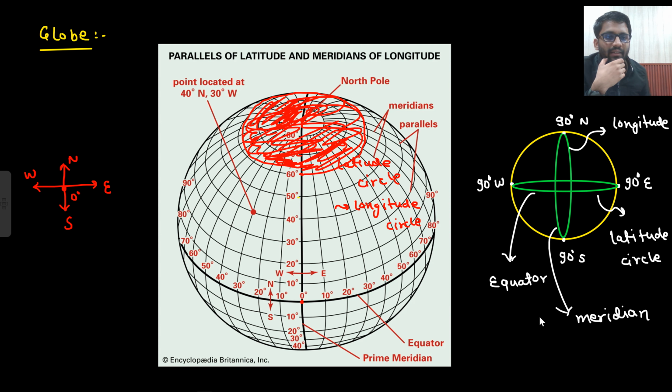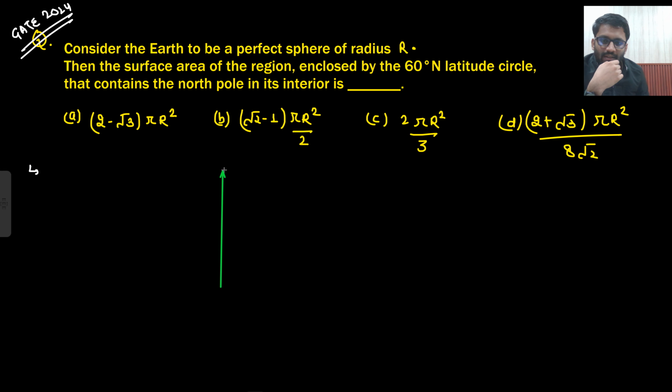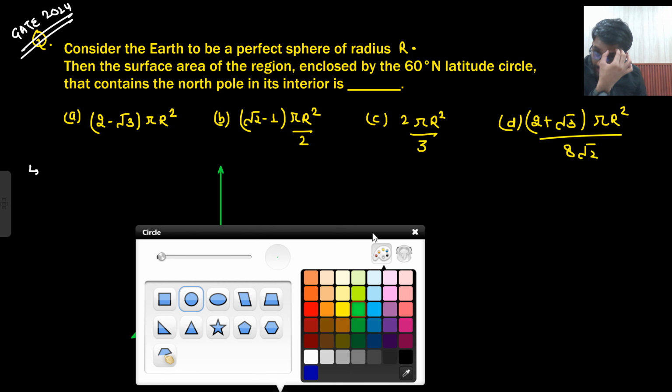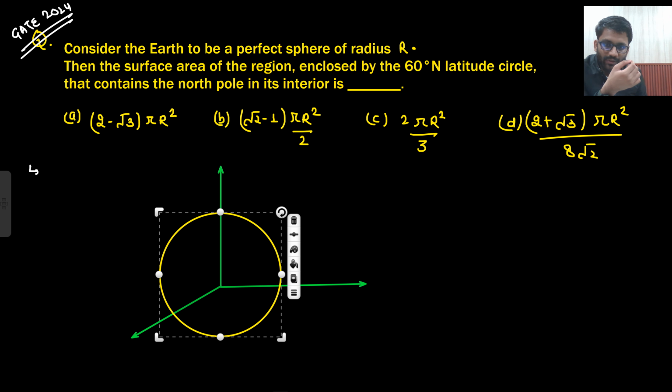How can we find this area? Let's just say this is our coordinate system, and in it we have the globe. This is how my globe is placed. So how much area do I need to find?